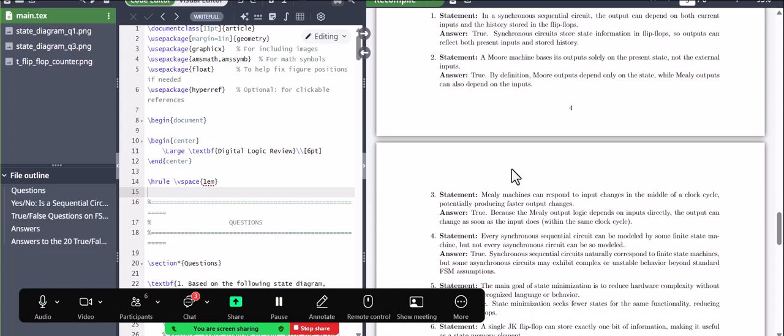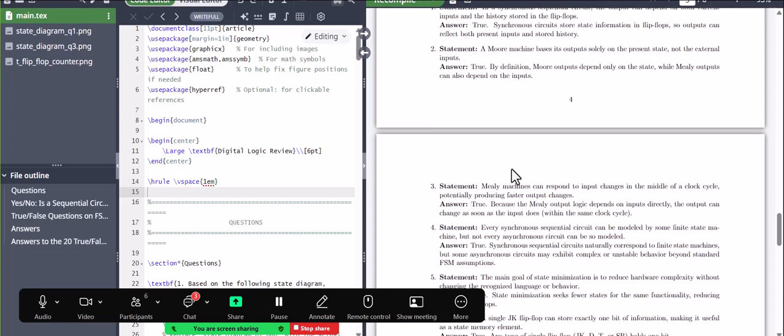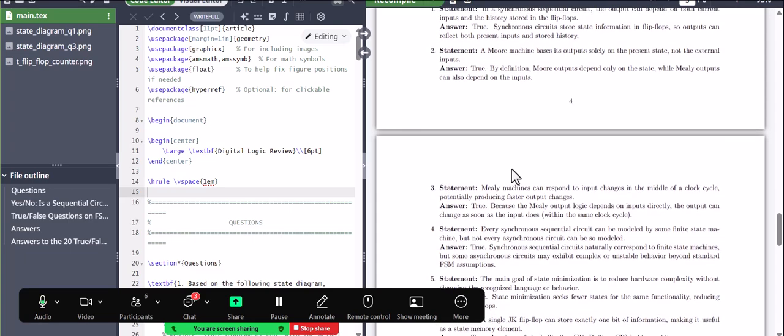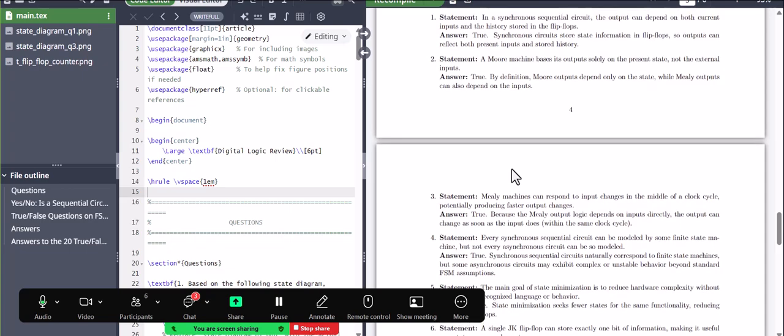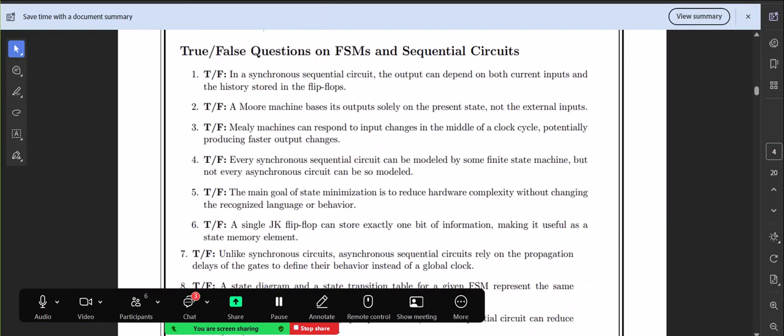Synchronous sequential circuits naturally correspond to finite state machines, but some asynchronous circuits may exhibit complex or unstable behavior beyond standard finite state machine assumptions. So it's basically saying every synchronous circuit can be modeled, but finite state machines cannot necessarily model asynchronous ones. That's right.